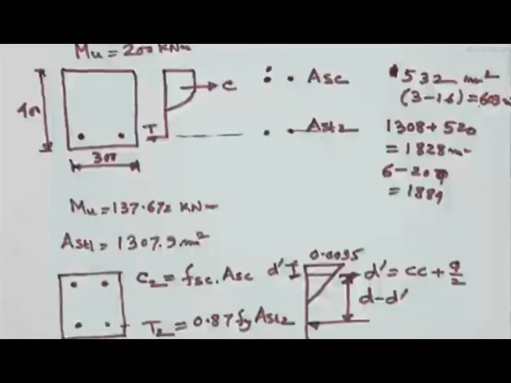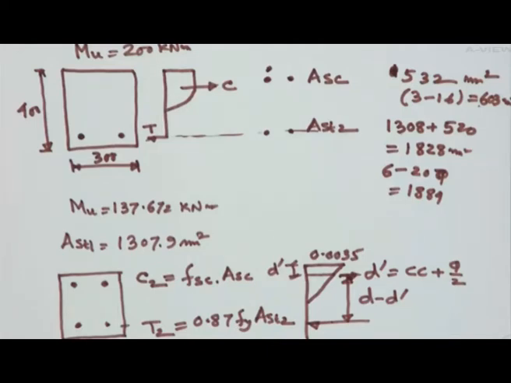Now since we have, say, 532, if we have 502, I can use 2 bars of 20 here. If I use 2 bars of 20, then it will be 2 into 314, since each 20 millimeter dia bar has a cross sectional area of 314 square millimeter. Please try to remember these values, then it will be really useful for you for the rest of your life. If you solve a few problems, you will be able to remember these values.